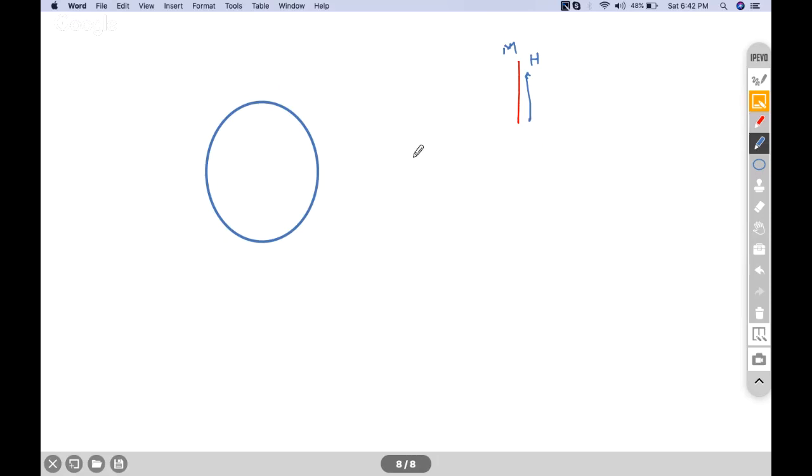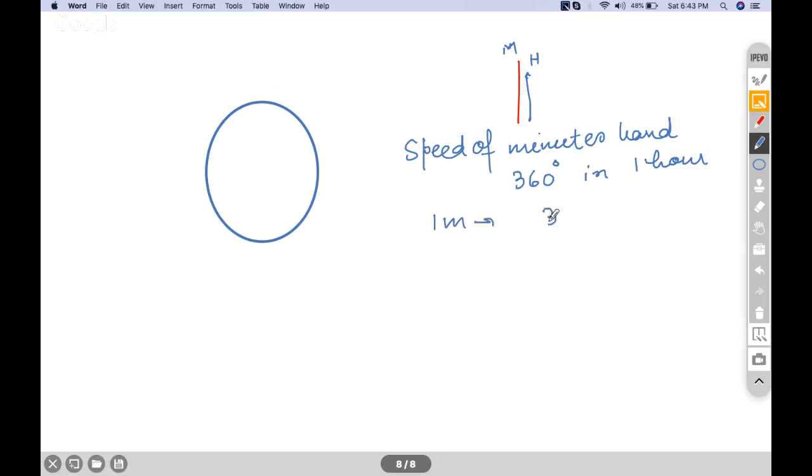Now look at the speed of minutes hand. Minutes hand travels 360 degrees in 1 hour. So it means that in 1 minute it travels 360 divided by 60, which is 6 degrees. So minute hand will travel 6 degrees per minute, the speed of minutes hand.